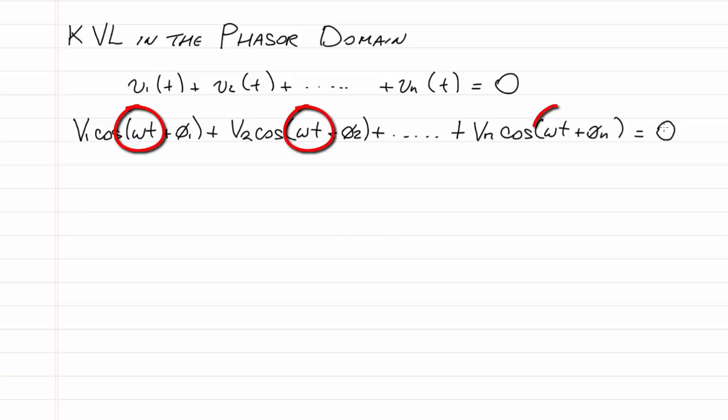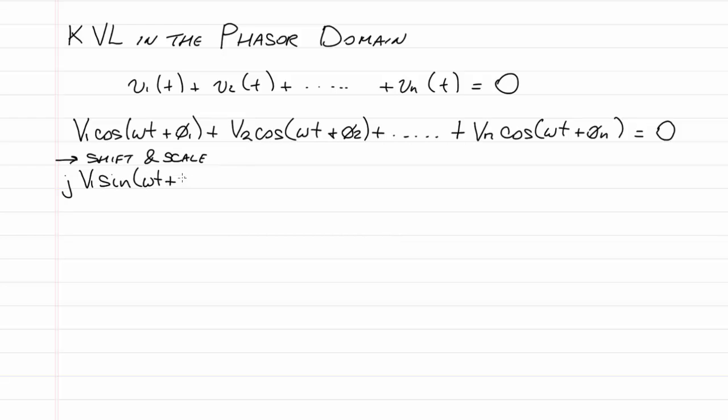Now we've put in all signals at the same frequency, which is what we need to do for phasor analysis. I can shift and scale this. I can scale by the imaginary constant j, and if I shift them by 90 degrees, the cosine becomes a sine function. And I will end up with V1 sine(omega t plus the same angle).